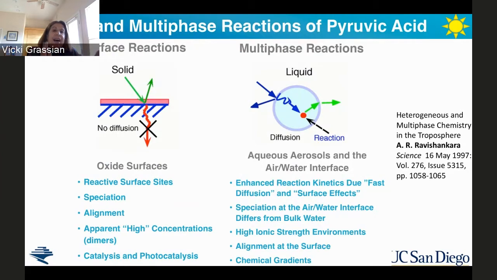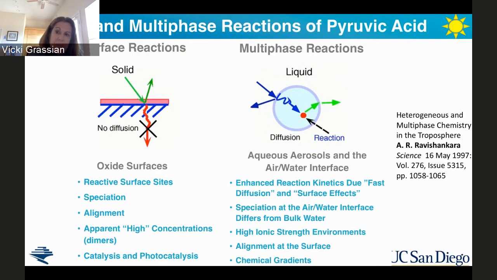We heard a lot of very interesting surface chemistry just a few minutes ago. In fact, fascinating surface chemistry in my opinion, where we have these solids, sometimes these dissolve, sometimes they don't, but reactions are occurring often at the surface of these solids. I'm going to be talking about oxide surfaces. We heard a little bit about oxide surfaces from Tom just a moment ago. But as he just said, what are the reactive surface sites?